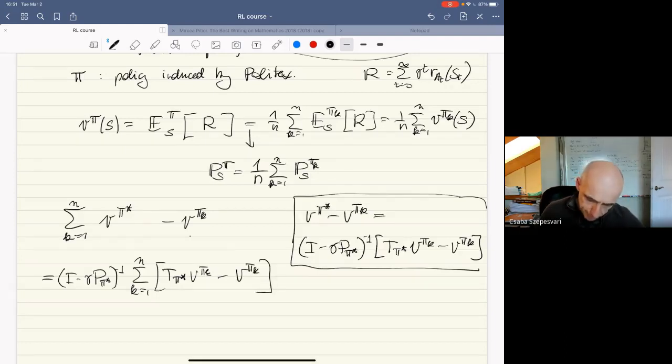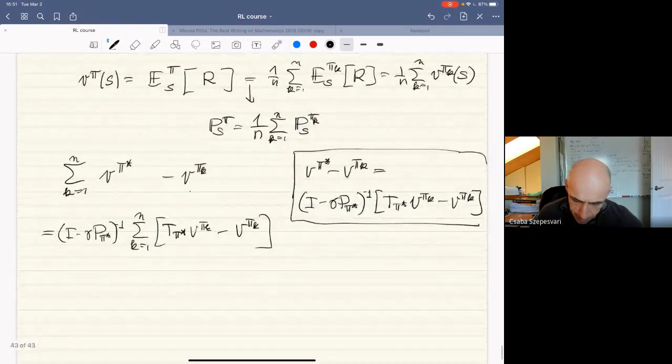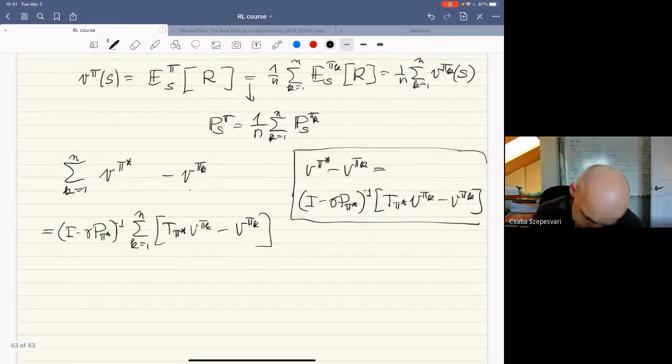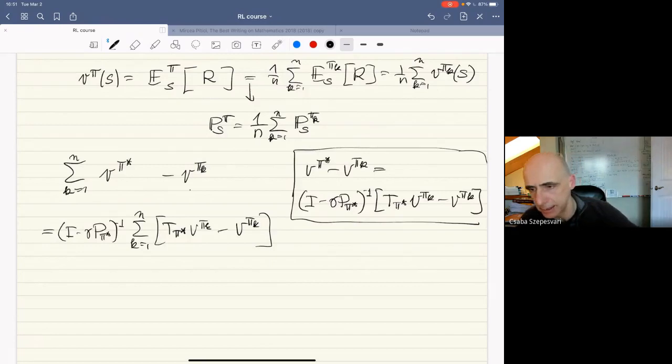Okay. And we deal with action value functions, not value functions. The value functions are there because we need to care about state values, but the algorithm actually uses action values.